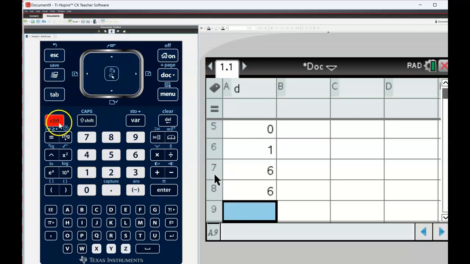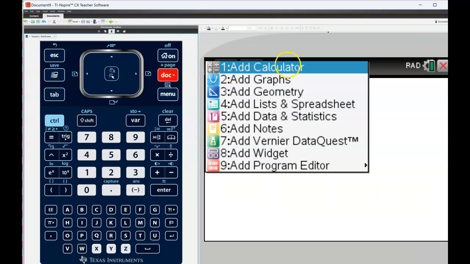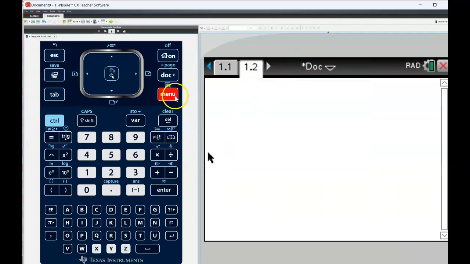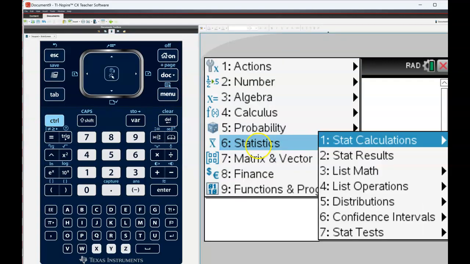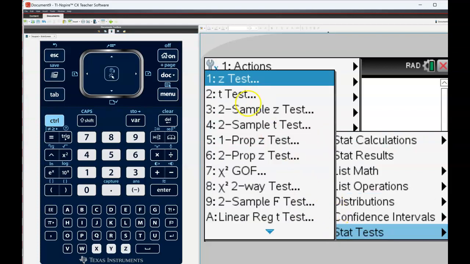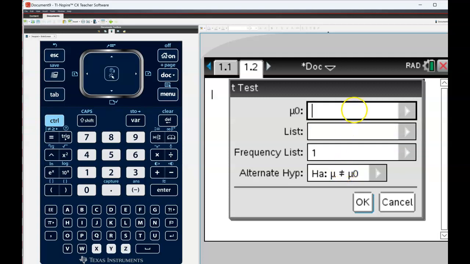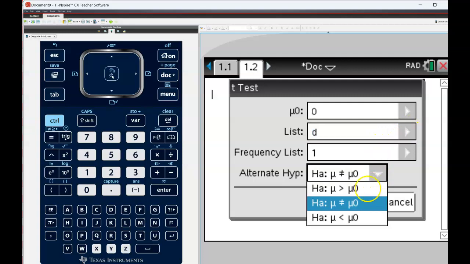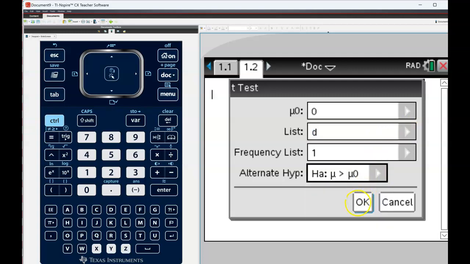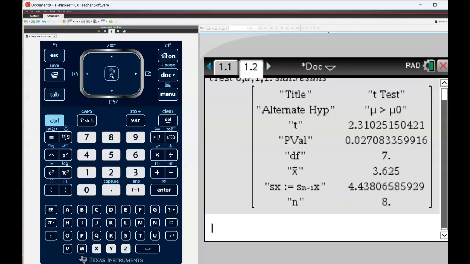And I would then go Control Doc, add a calculator page, menu, statistics, stat test, a t-test. We're basing it on data. This would be 0. The list would be D. And in this case, my alternative is greater than 0 because of how I set up my difference.